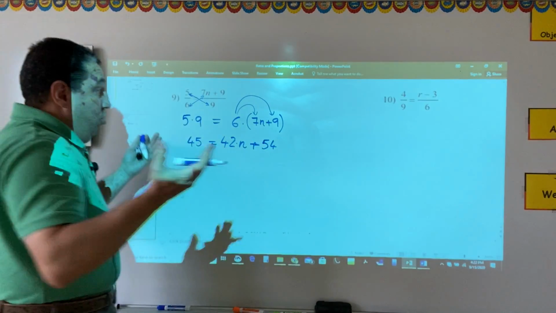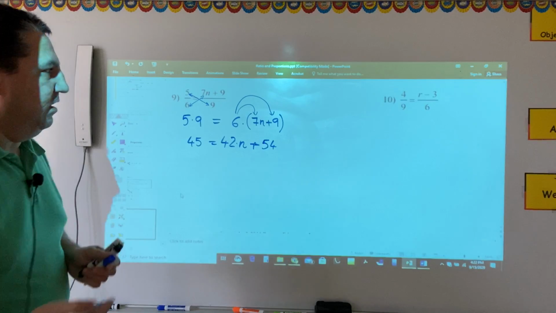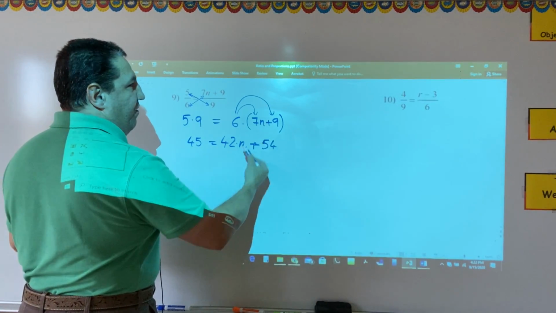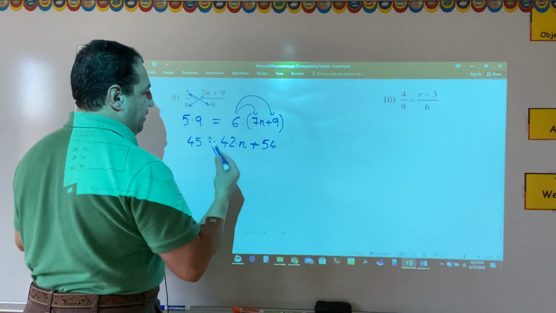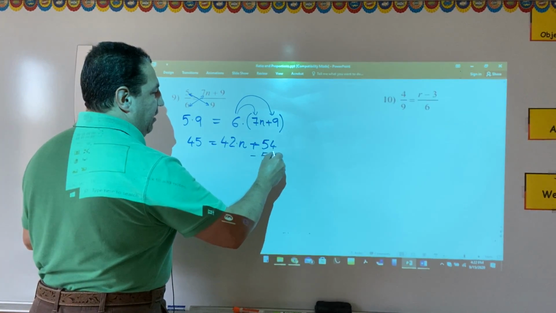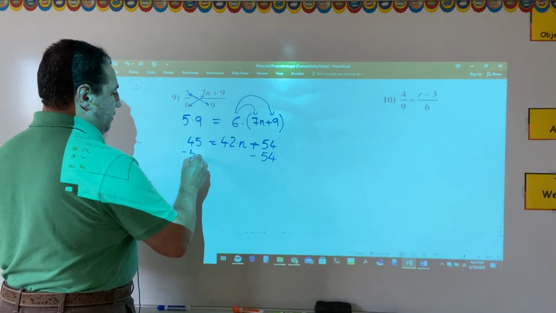Next, we start solving for n. Now, how do we solve for n? By getting rid of 54 first. So, how do we get rid of 54? By subtracting 54 on both sides.